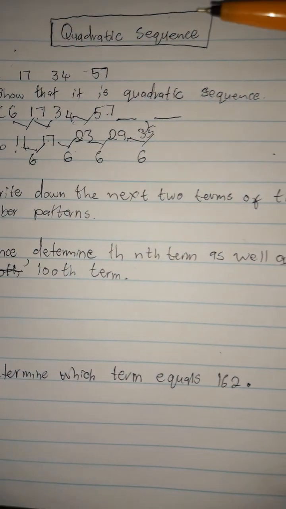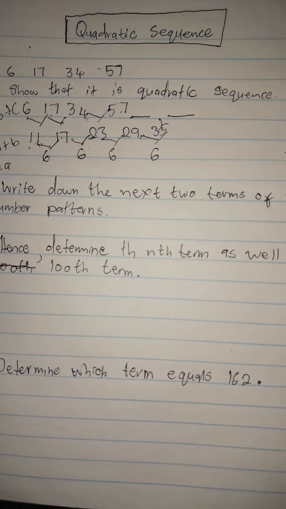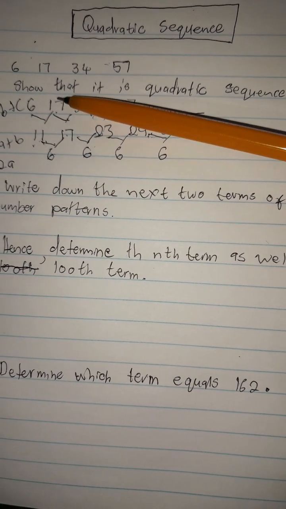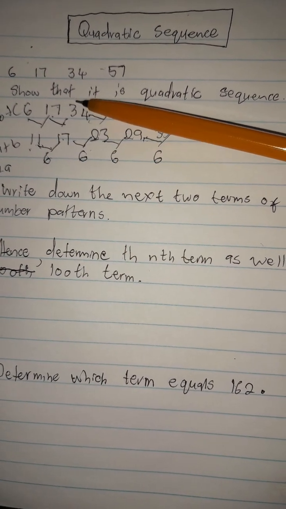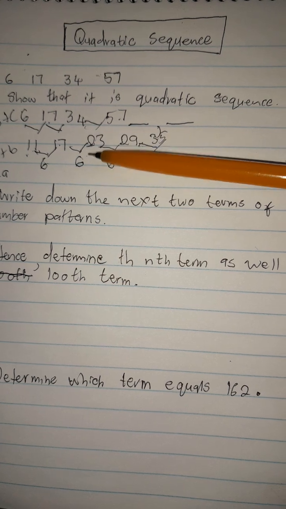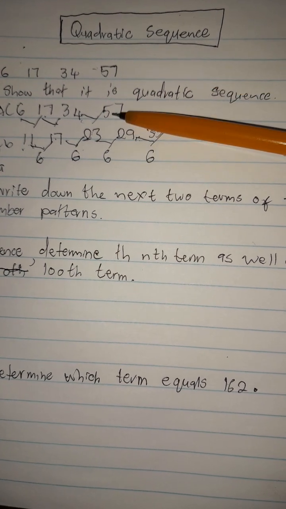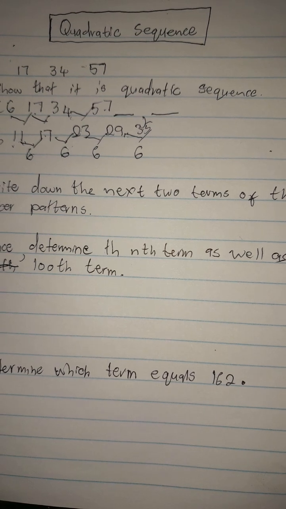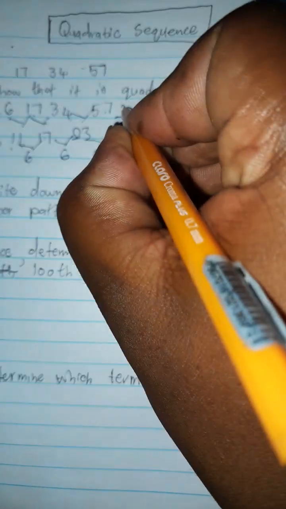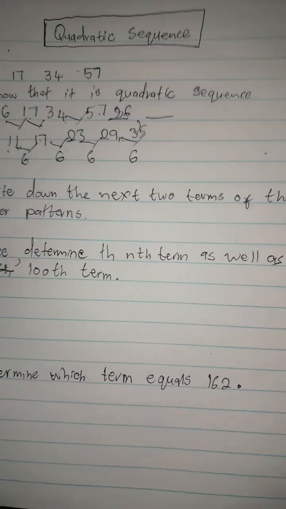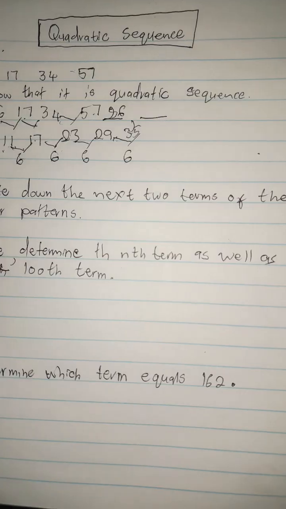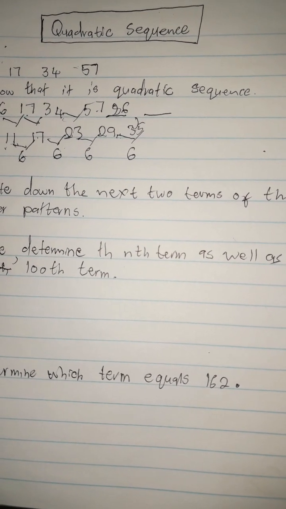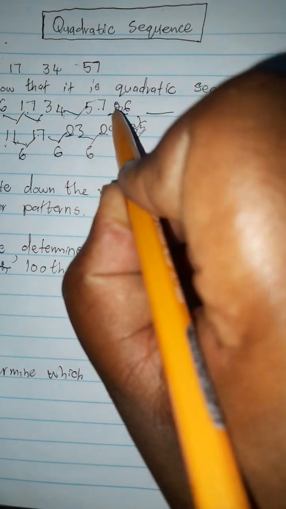So we then ask ourselves how we can get the next consecutive term. Remember, 6 plus 11 gives you 17. 17 plus 17 gives you 34. 34 plus 23 gives you 57. And 57 plus 29 gives you what? Let's calculate. That will be 86. What about 35 plus 86?